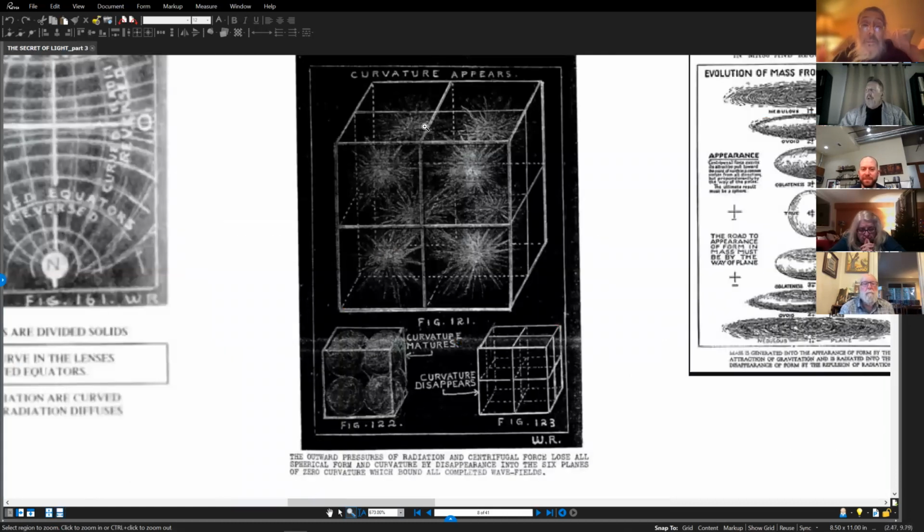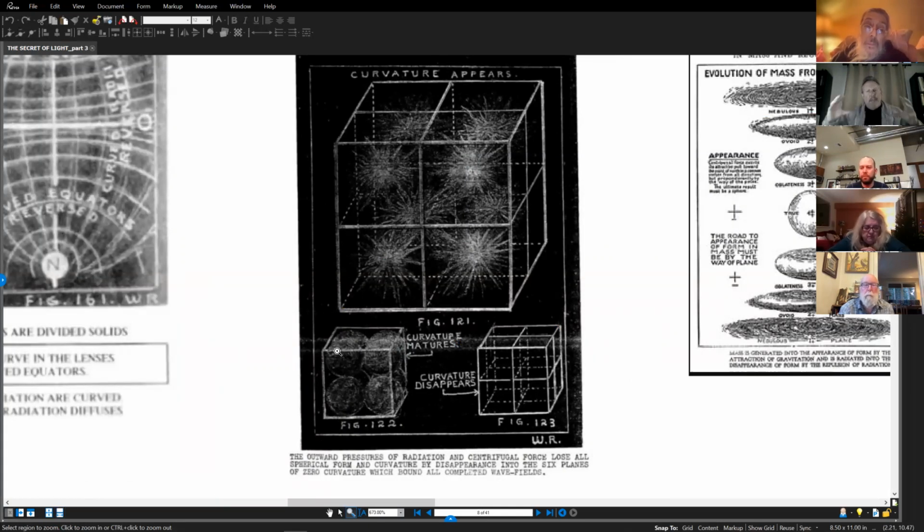As we have this cubosphere here, within it are the three planes of X, Y, and Z. In the center, we're having all these explosions happening from the outward, the expansion, which is going in, and then going to form these spheres, because we also have the outward pressure of gravitation condensing.